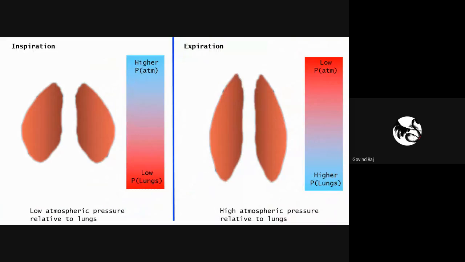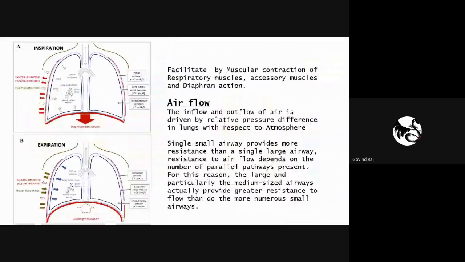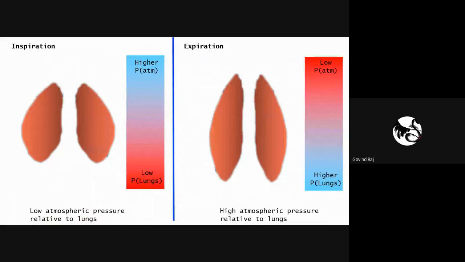This picture shows the same theory. Here the higher pressure is seen outside, in the atmosphere, and there is low pressure inside the lungs comparatively. So air gets inspired into the lungs, and thus the volume of the lungs increases.